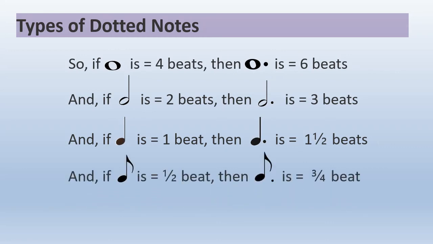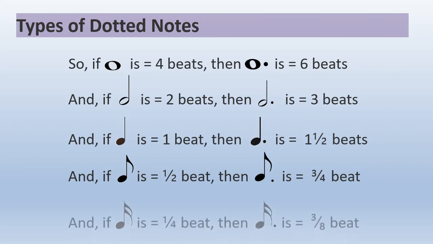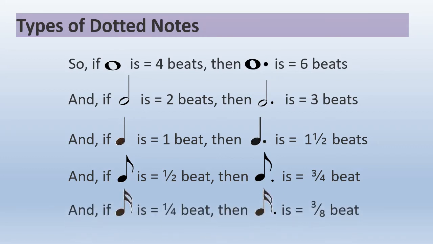And if the 8th note is half a beat, then a dotted 8th note will be a 3/4 beat. And if the 16th note is 1/4 beat, then a dotted 16th note will be 3/8 beats.